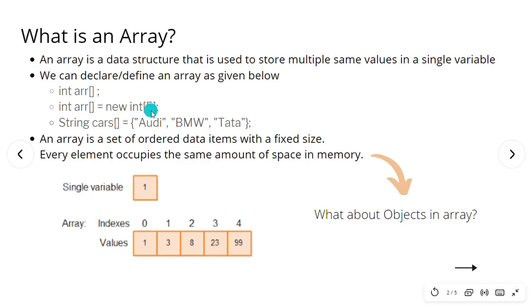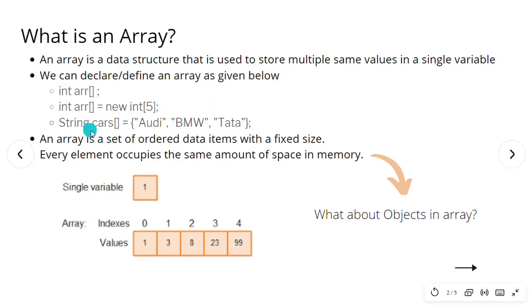I have created here an int array with the size given as 5, and a string array cars, with cars as a reference name, which has a size of 3 because I am storing only three values here. Once I declare or define an array with a size, I cannot change its size.